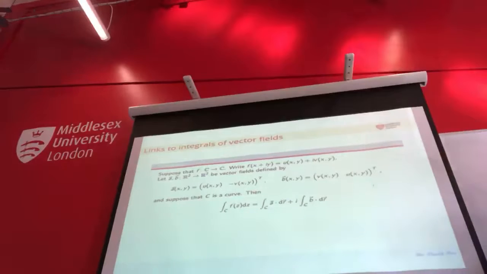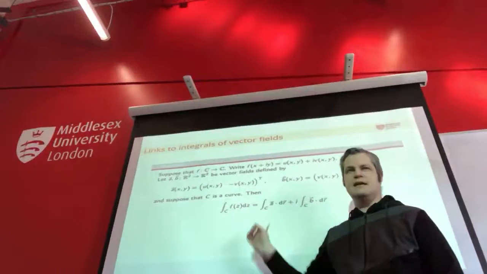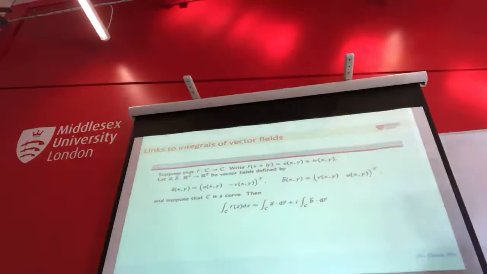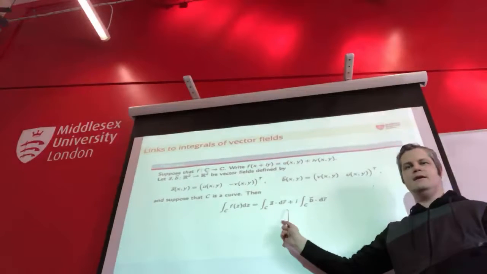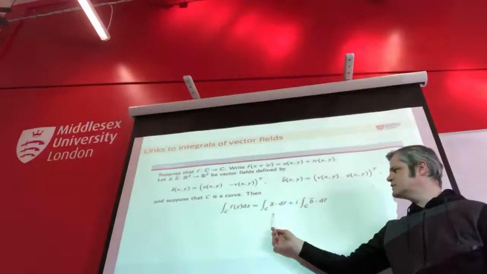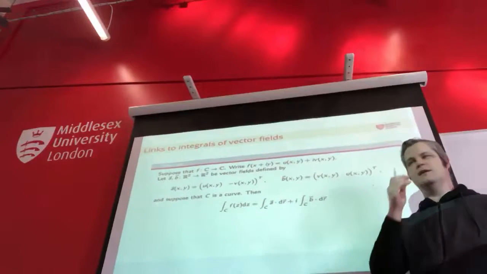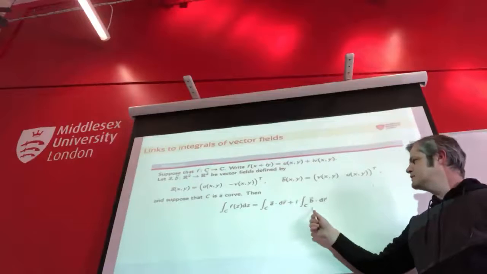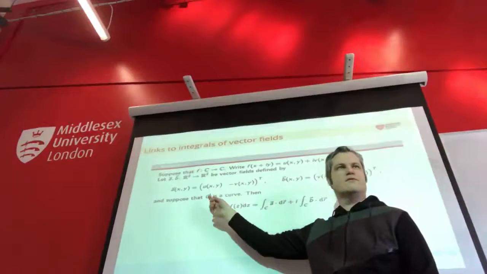So it turns out that the integral of a function f of z dz can be written as two integrals of vector fields. The first integral is A dot dr, which is the stuff that you've done in the first term, plus i times the integral of B dot dr, and they are particular vector fields.